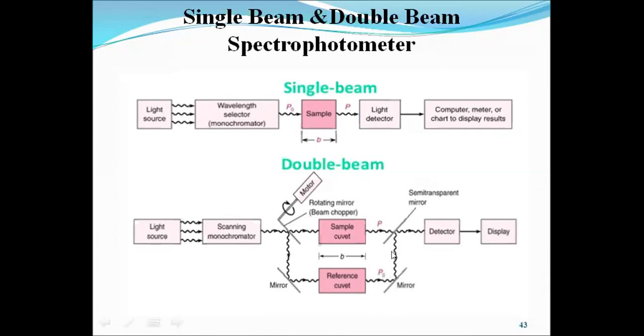This detector will compare both the transmitted radiation from the sample and from the reference, and then we'll get a UV spectrum.